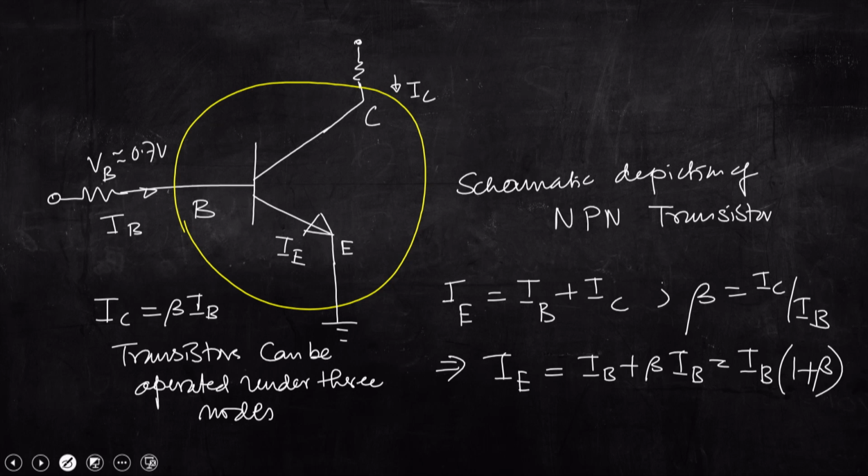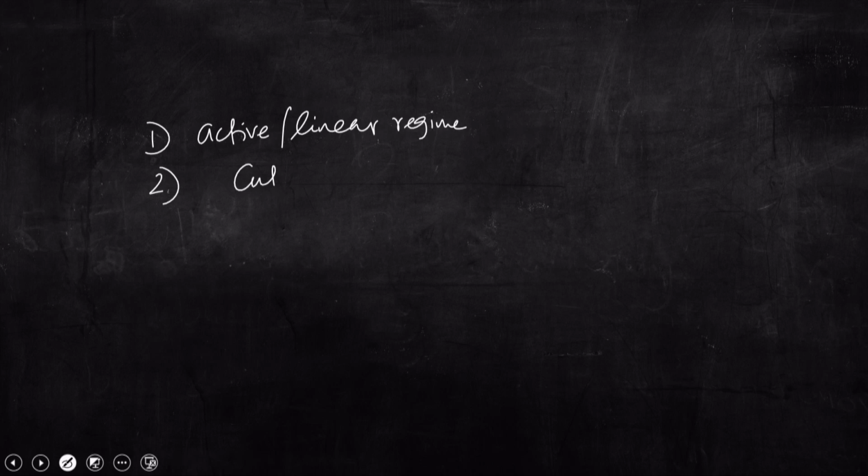If we go to the next slide, number 1 is active or linear regime, number 2 is cutoff, number 3 is saturation. Let me discuss all these things.